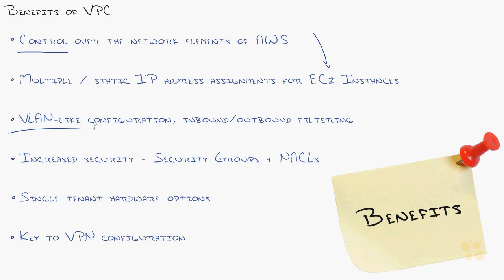You get a VLAN-like configuration, which gives you the ability to segment within AWS your different devices. So I can have the web servers segmented from the database servers and segmented from the accounting servers or whatever else we have running up there. And whenever I say segment, that bleeds right into this world, security, inbound and outbound filtering.